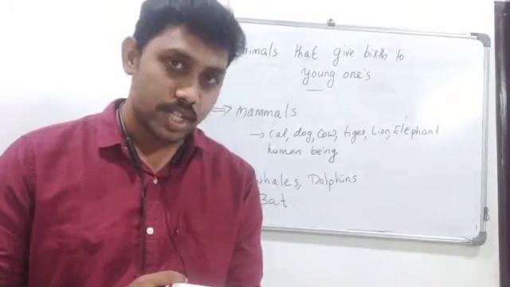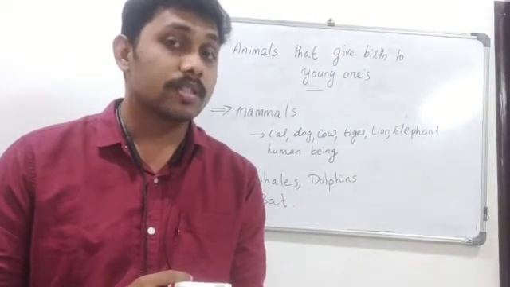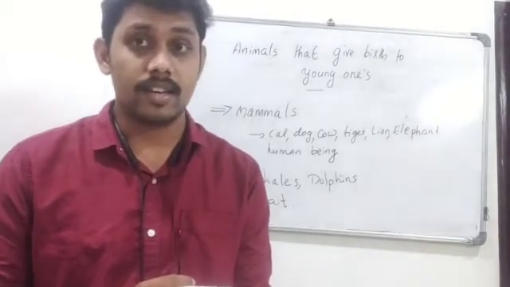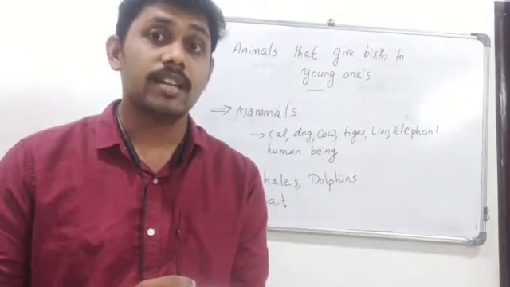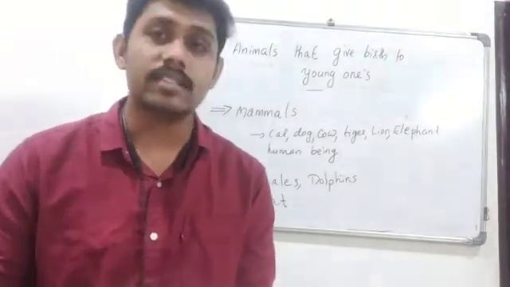Amphibians, fish, reptiles and mammals. Frogs are animals that live both in water and land. They are called amphibians. So the answer is A.